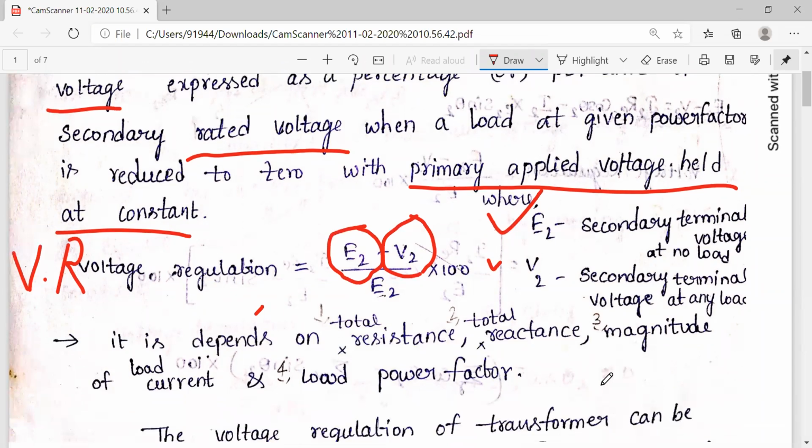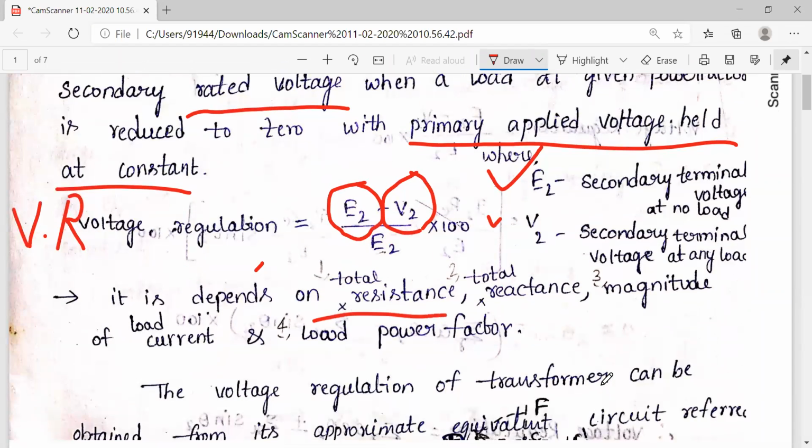This voltage regulation depends upon the total resistance of the transformer, the total reactance of the transformer, the magnitude of the secondary current or load current, I2, and the load power factor.